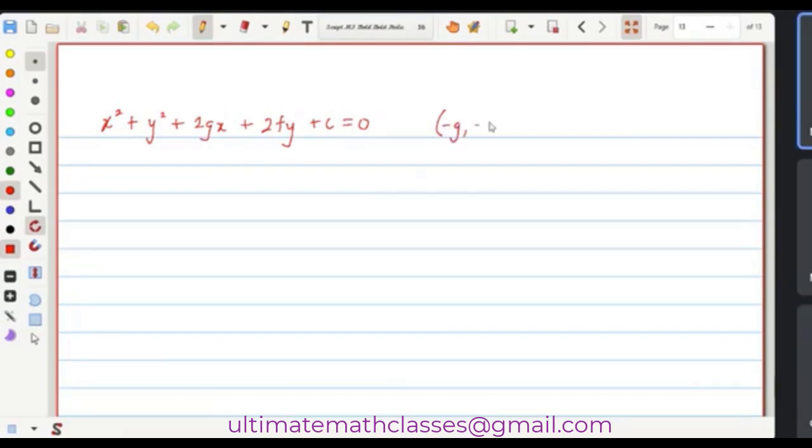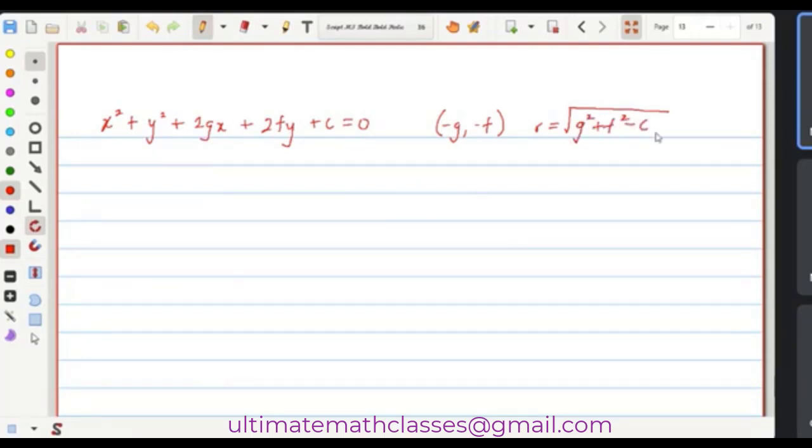Good. And the radius is the square root of g squared plus f squared minus c.